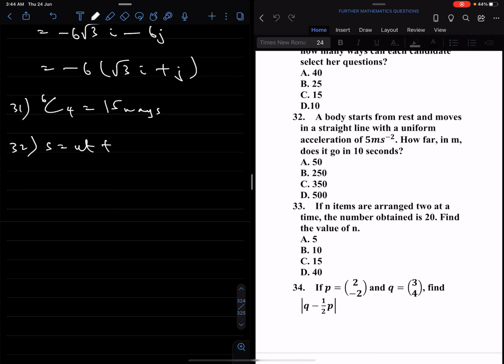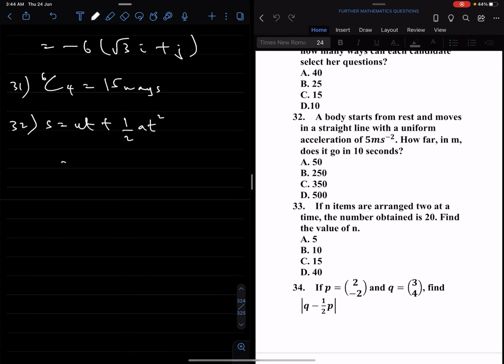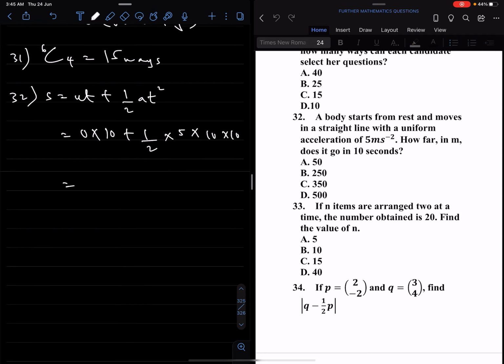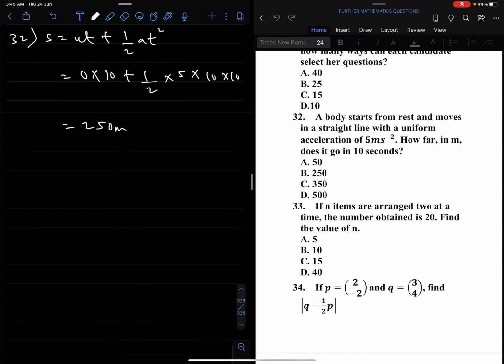Distance is ut plus half at squared, that's the distance of a body moving in a straight line. Initial velocity is 0, it started from rest, so 0 times 10 plus 1 over 2 times a, which is 5, times t squared, which is 10 times 10, and that's simply 250 meters. So to the next, number 33.